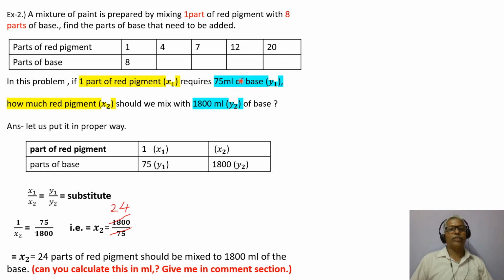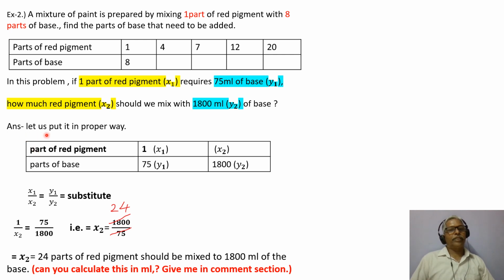Now he has given us 75 ml of base, that is y1 here. So 1 part requires 75 ml. Then how much red pigment x2 should we mix with 1800 ml? He has asked for parts only.